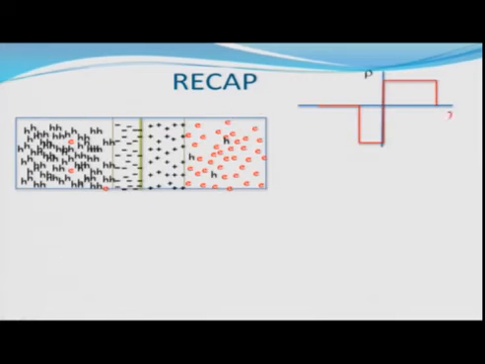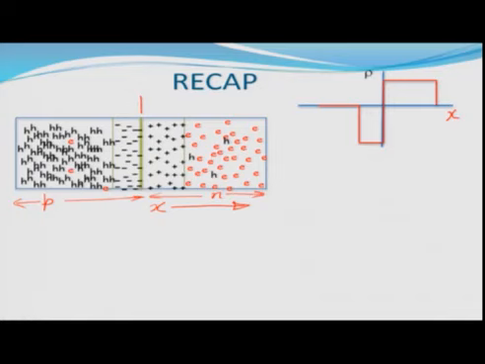Okay, I am saying this direction is the x direction, and remember this is our p side, this is our n side, and this p side extends up to here, and the n side extends up to here. The depletion region is depleted of the charge carriers, but all those impurities that we have doped are still there. So, the p region and n region still meet at this junction.